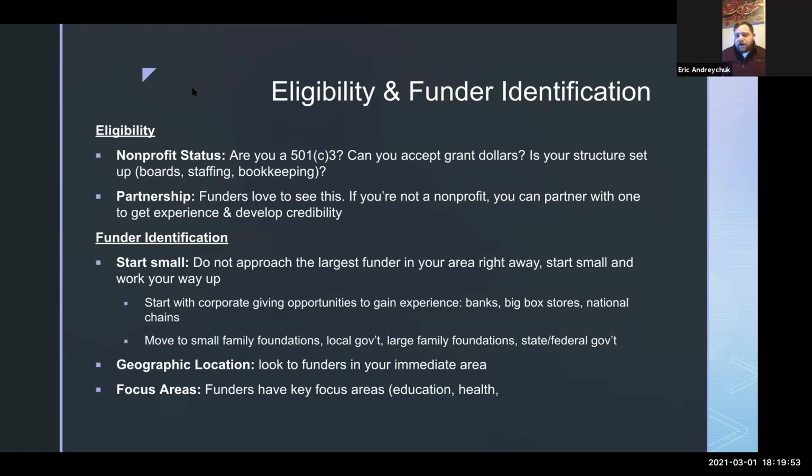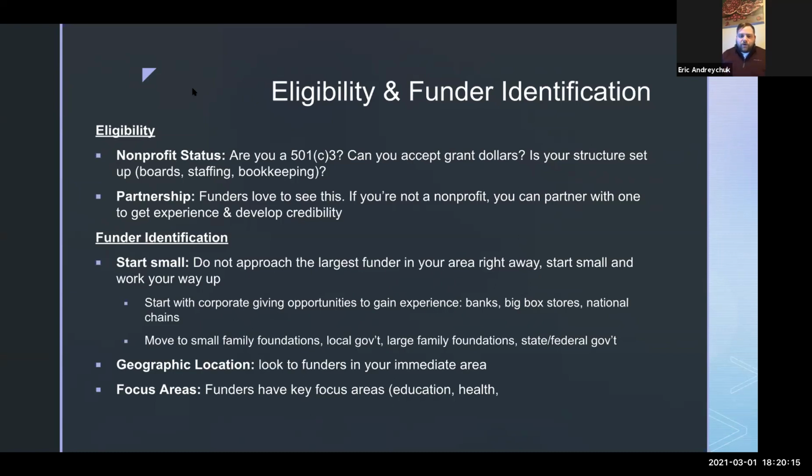The other thing you should start before you even apply for a grant is looking for a funder to help get you those grant dollars. My thought on that is you should always start really small and work your way up to the big funders. You should be looking around your community for places that have very small grant funding to start with.